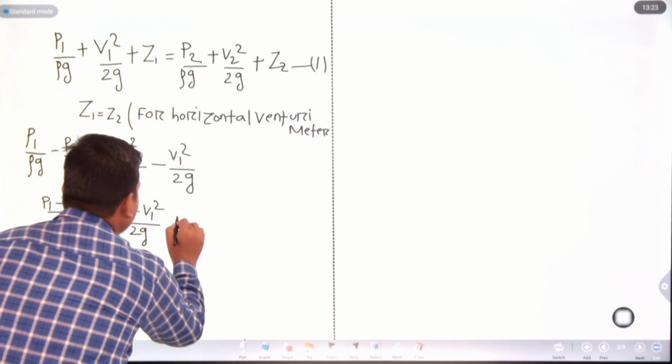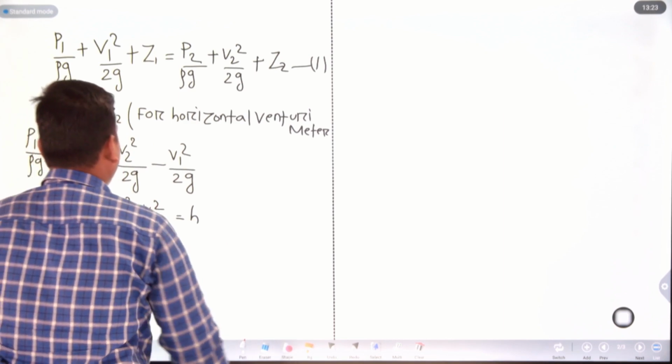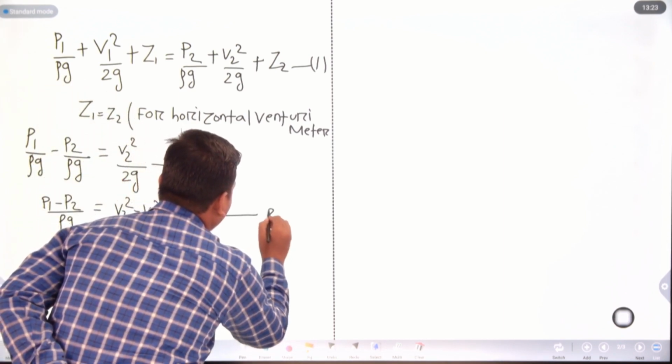Considering this term equal to h. This is equation 2.